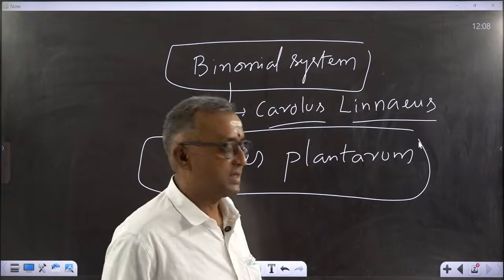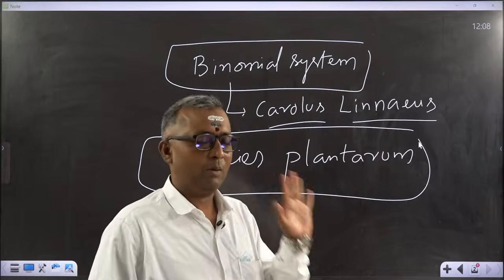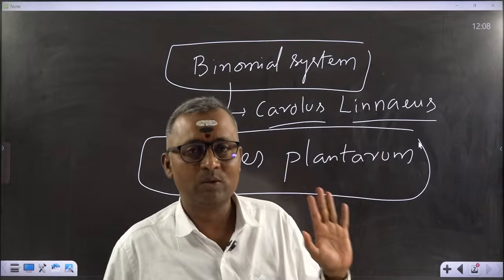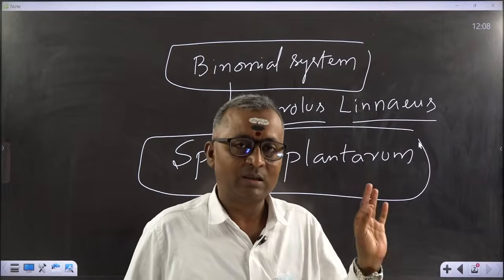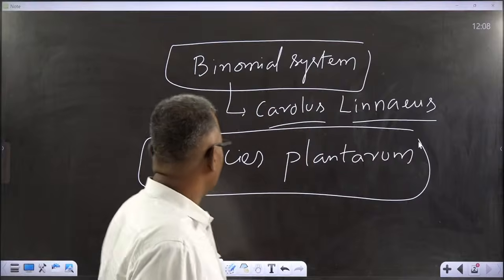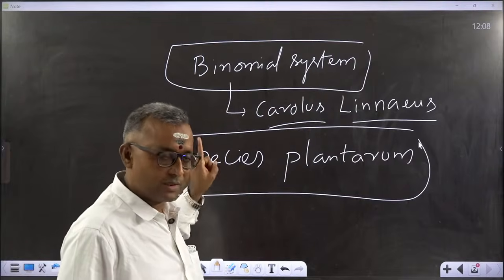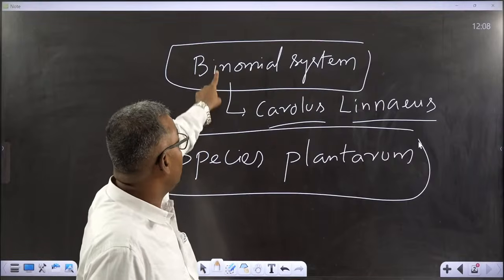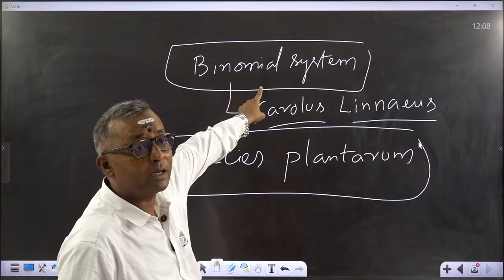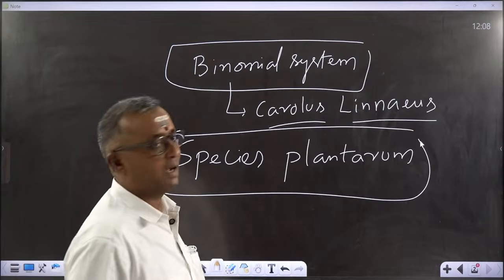Just for information's sake, I'm giving this name. It is not essential. Just remember Systema Naturae, the book from which the name systematics came into existence. Species Plantarum is the book in which Linnaeus used the binomial nomenclature system consistently. So this is what we have to know.